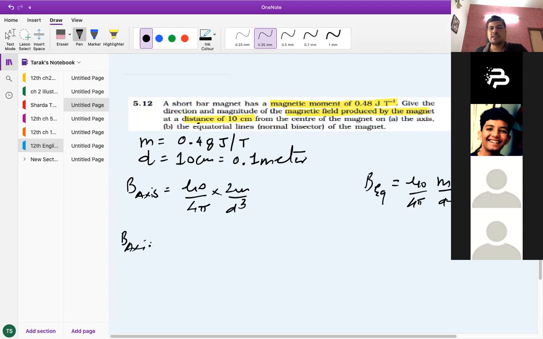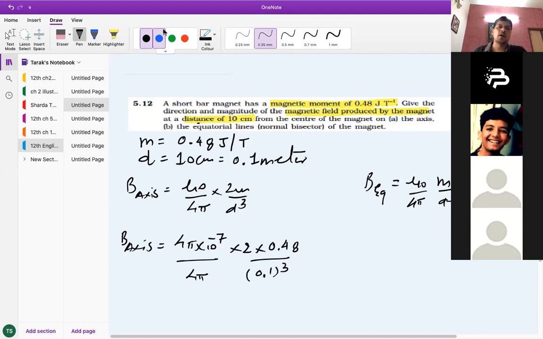B of axis is equal to 4 pi cross 10 to the power minus 7 divided by 4 pi multiplied by 2 into 0.48 divided by 0.1 cubed. Now 4 pi can be cancelled out. 0.1 is 1 by 10, cubed is 1 upon 1000, which goes into the numerator.